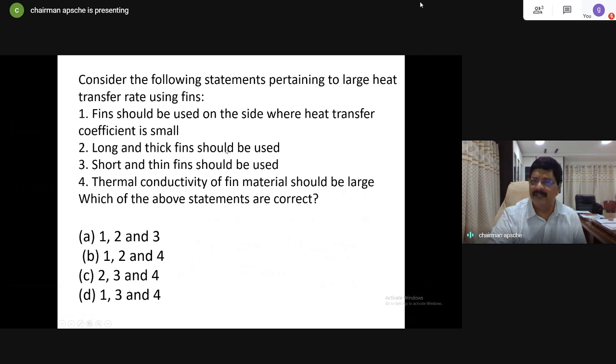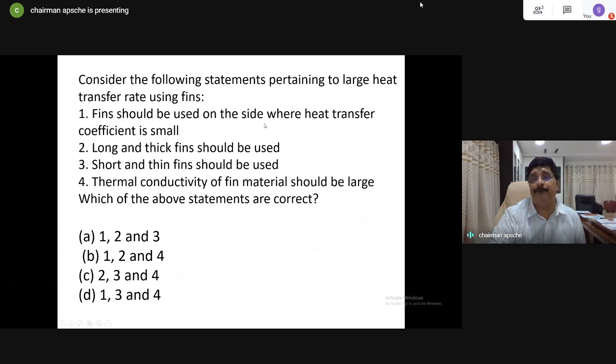Long and thick fins shall not be used because they unnecessarily add weight and do not help with the heat transfer surface area. 3: Short and thin fins should be used. 4: Thermal conductivity of the fin material should be large. Yes, K should be large.